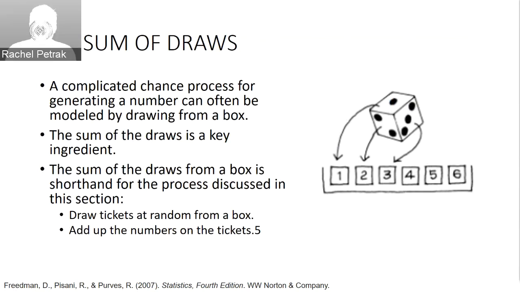So the sum of draws is subject to chance variability. If the draws turn out one way, the sum is one thing. If they turn out differently, the sum is different too. It's random.